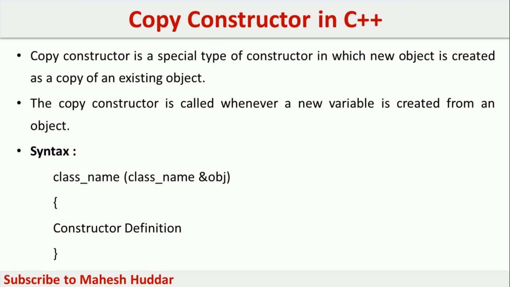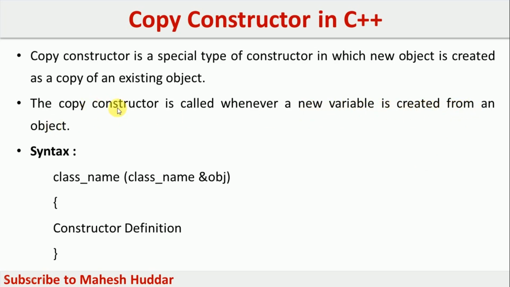Coming back to the next one, that is the copy constructor. A copy constructor is a special type of constructor in which a new object is created as a copy of an existing object. So you have an object and you want to create a copy of that object, you can use the copy constructor. The copy constructor is called whenever a new variable is created from an object.